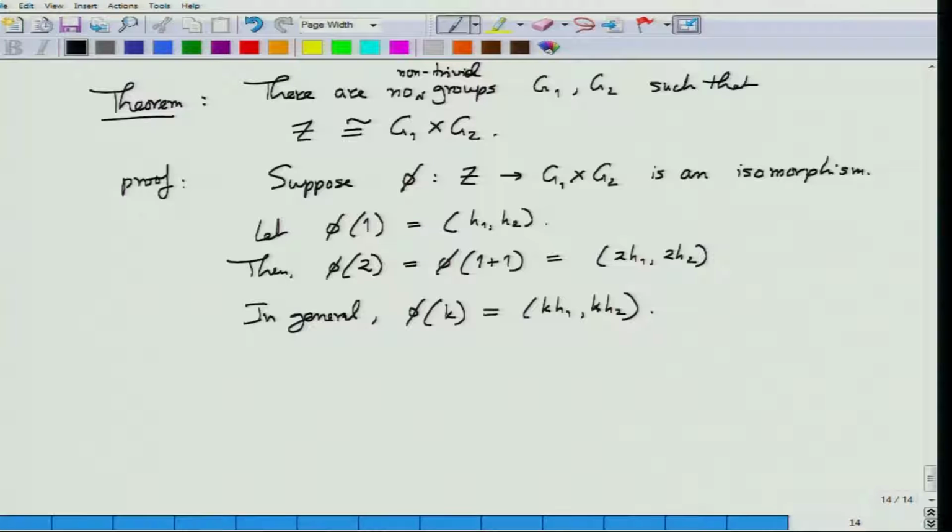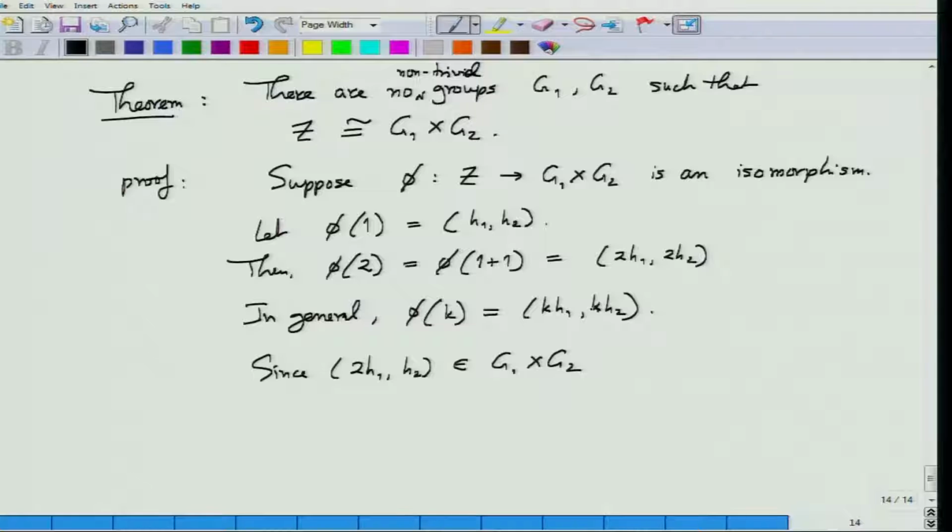Is that true? Is it possible? See, phi 1 is H1 comma H2, phi 2 is 2H1 comma 2H2. Now, the fact that H1 and H2 are in G1 and G2 means that 2H1 and 2H2 are also obviously there. Then since H2 is in G2, 2H1 comma H2 is in G1 cross G2.